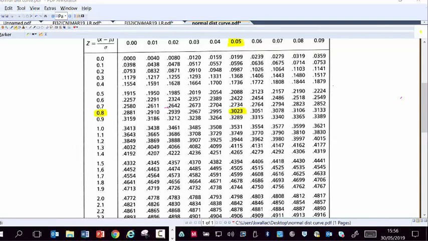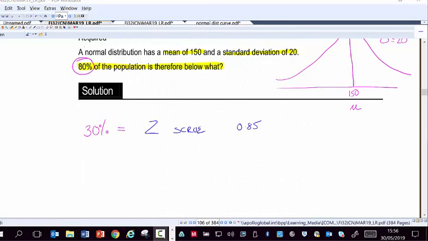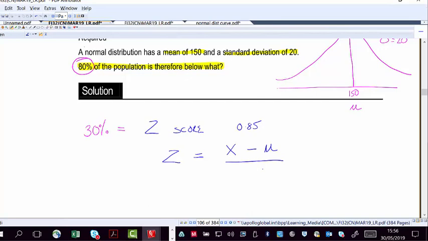to answer the question. Okay, so we said that 30% from our tables equals a Z score of 0.85. And then we're going to use our formula, and our formula for the Z score, again remember you get it in the exam, it's on your normal distribution tables, and it said Z equals X minus the mean divided by the standard deviation.